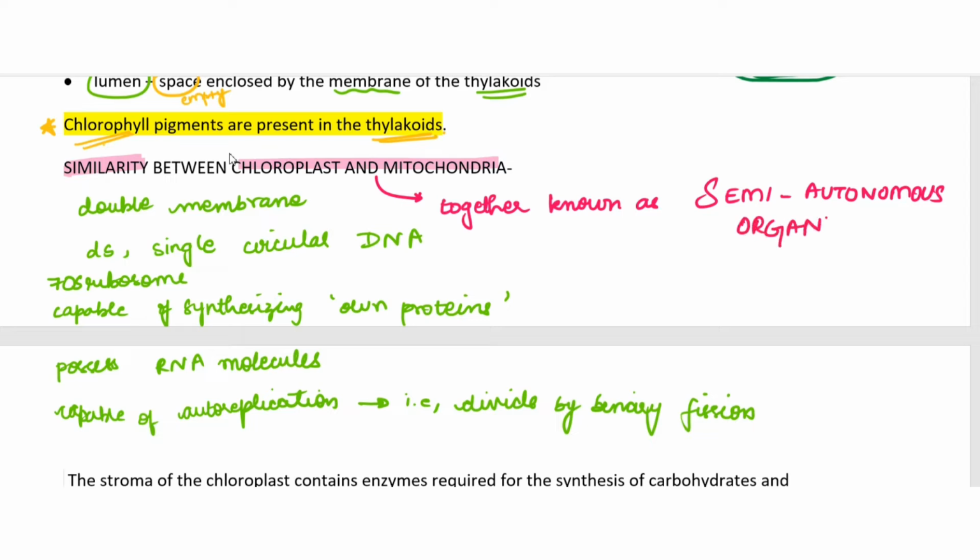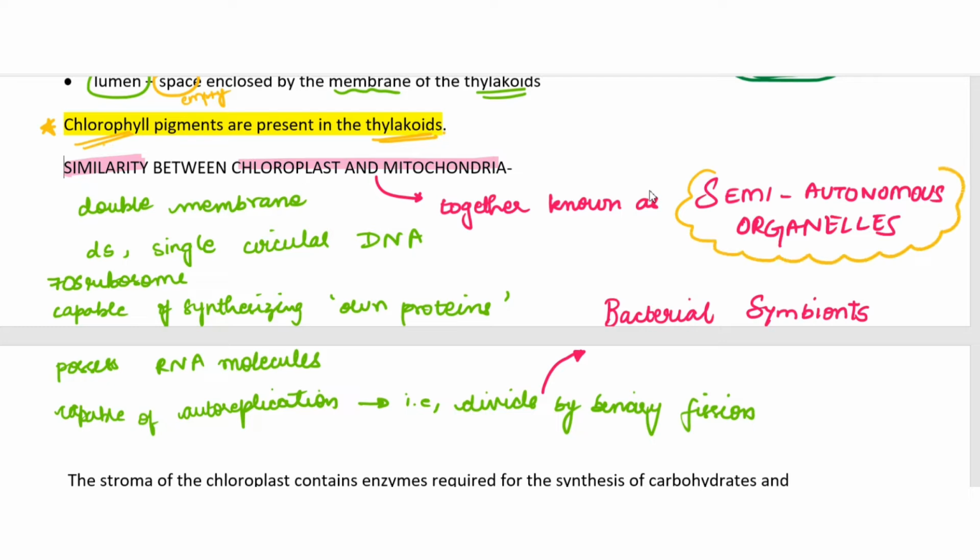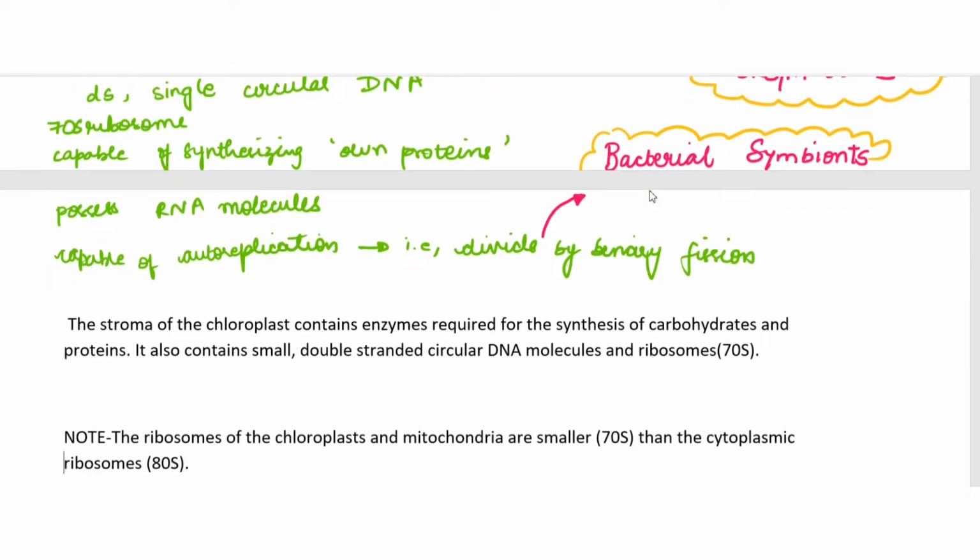Because of this feature of dividing by binary fission, the property of auto-replication, they are also known as bacterial symbionts, because we know that bacteria reproduce by binary fission. Similarly, because chloroplasts and mitochondria are also able to divide by binary fission, they are known as bacterial symbionts, and they are also known as semi-autonomous organelles, because they can synthesize their own protein.